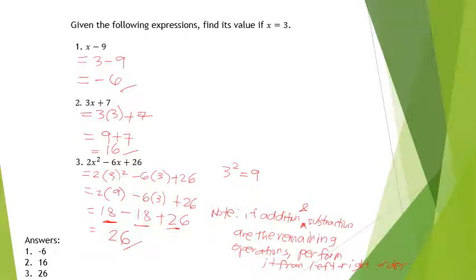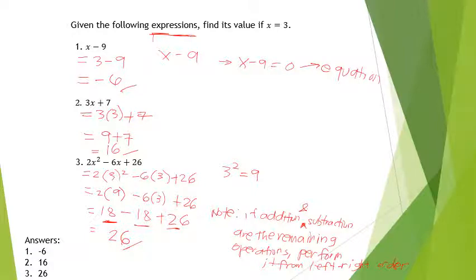Pag sinabi nating expression dito, expression, siya ay walang equality sign. Kumbaga, example, x minus 9. Yan lang yun. Pero pag siya ay naging x minus 9 is equal to 0, yan ay tinatawag na equation. Kasi may equality sign.